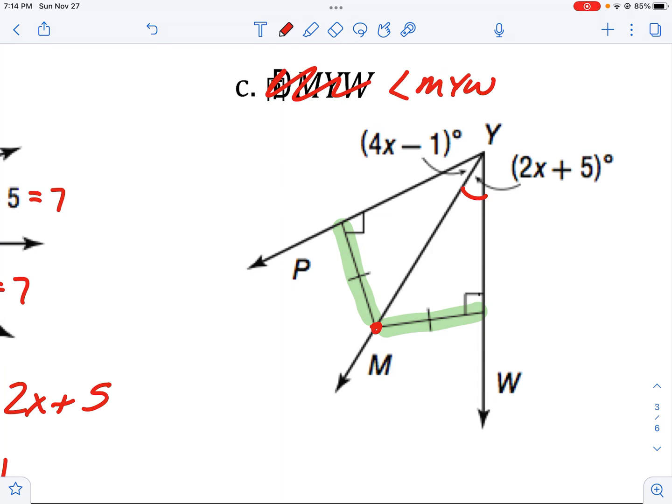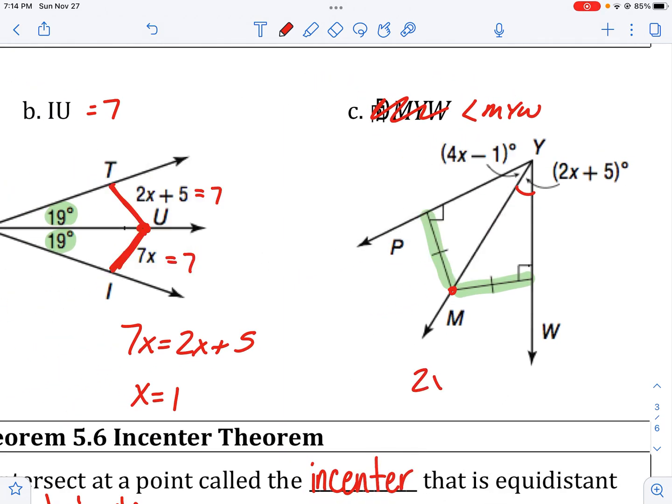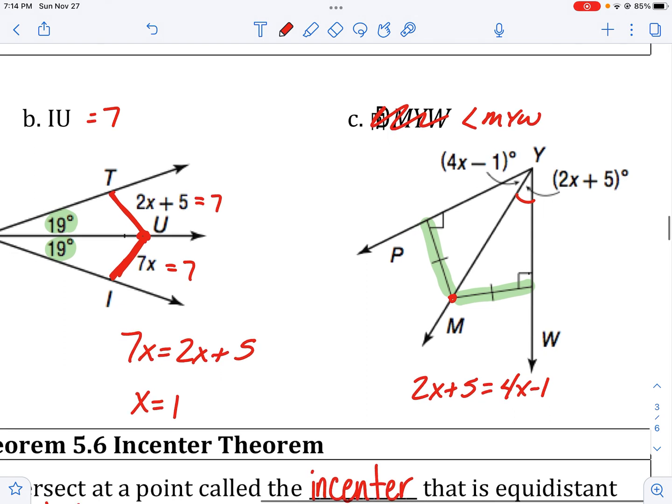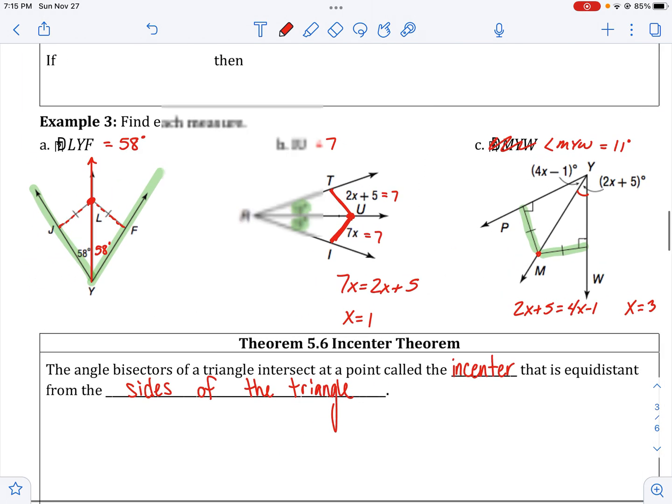Which means that that has got to be on the angle bisector. So that means that 2x plus 5 should definitely be equal to 4x minus 1. So it's 2x is 6, or x is 3. So this should be 11 degrees if I plug that back in. Substitute that back into the original expression.